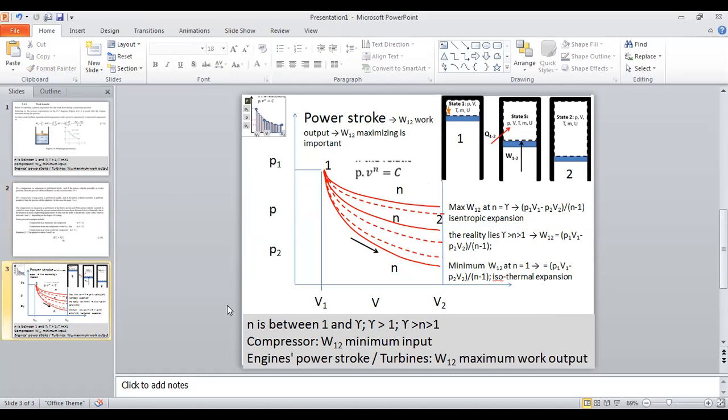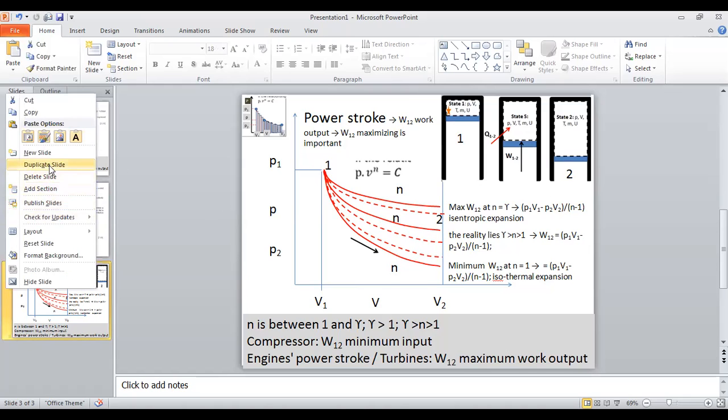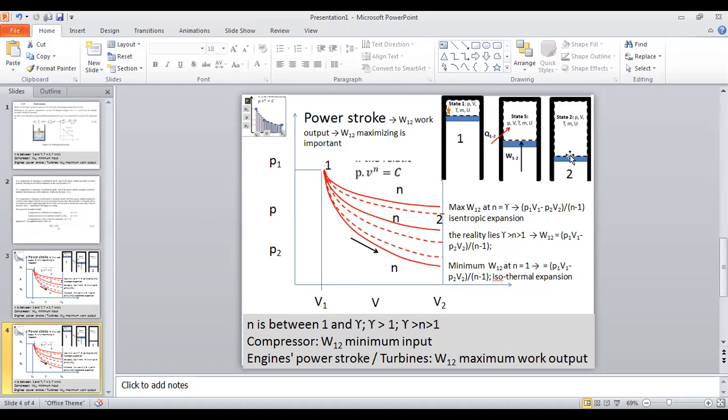So it is like this. The same way, in this power stroke, I changed to compression.